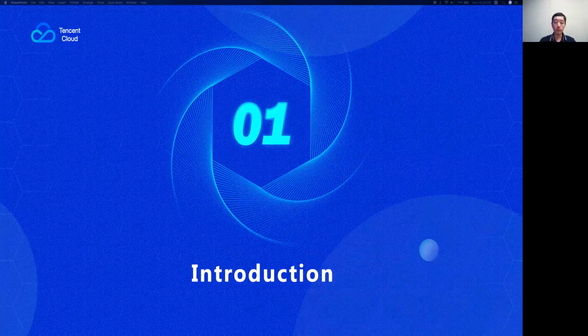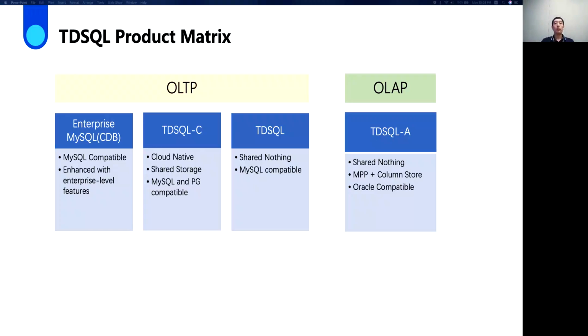Okay, start with the introduction about the products. Nowadays, a database plays a very important role in mission-critical applications. Tencent keeps investing in the research and development of a variety of database products. TD-SQL is a unified brand representing a product matrix which consists of the most important products in Tencent for OLTP and OLAP respectively.